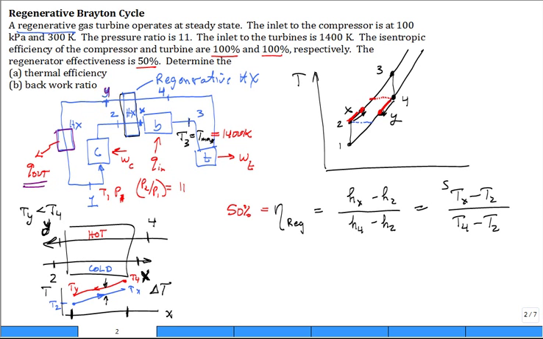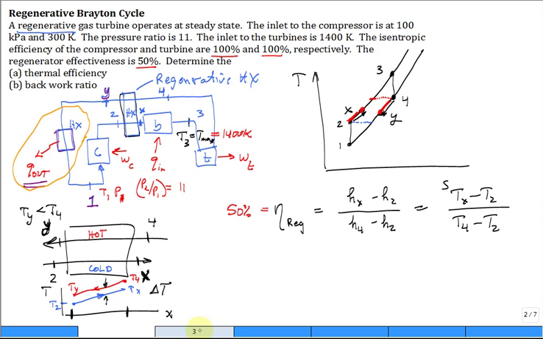But it's from Y to 1, not from 4 to 1. I believe the textbook, when they introduced this, doesn't show this heat exchanger explicitly. They kind of just leave it out. And that's needed if you're going to look at the balance, the Q net for the cycle. So you need to include it.